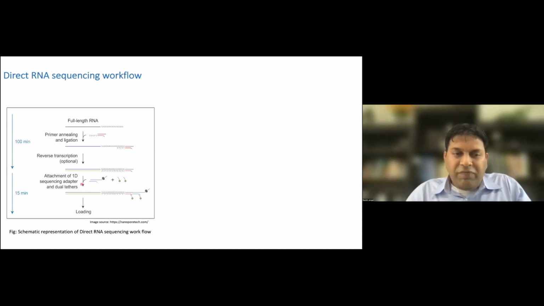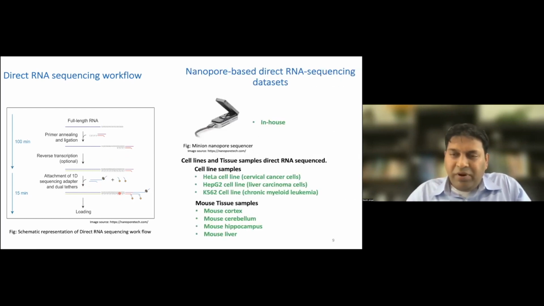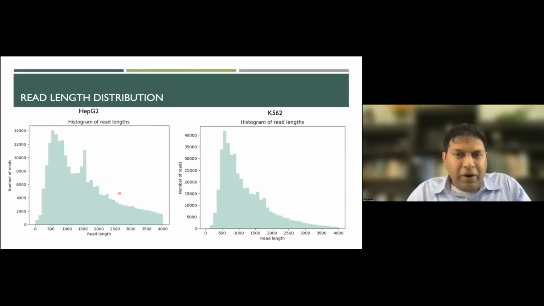The subsequent steps of attaching 1D sequencing adapters and tethering to the motor protein take about a couple of hours in total, so it's fairly easy to generate these libraries. We have done it for a number of cell lines, generating about 1 million reads or more for each independent run. We have also had limited success on primary tissues such as cortex, cerebellum, and hippocampus, which I'm not going to go into in more detail because the focus today is largely on the modeling part.